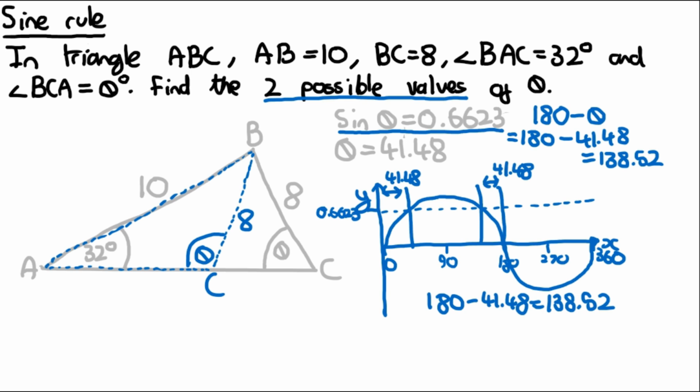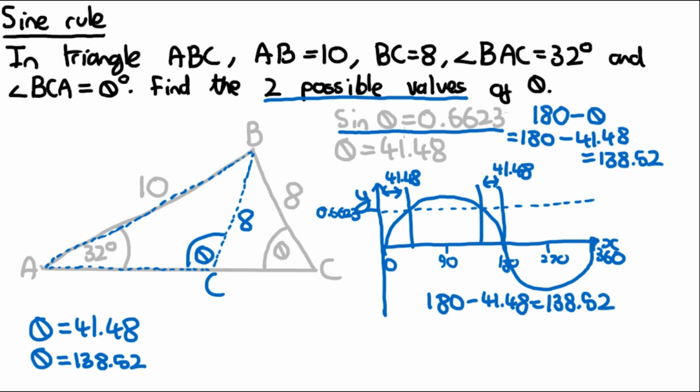So all you need to note from this is that your calculator will only give you the smallest angle of theta. Theta is equal to 41.48. But there will also be a bigger value of theta, which you'll have to figure out yourself, 138.52 in this instance. Now, for most questions, you won't need to do this, because they will give you a diagram like this.